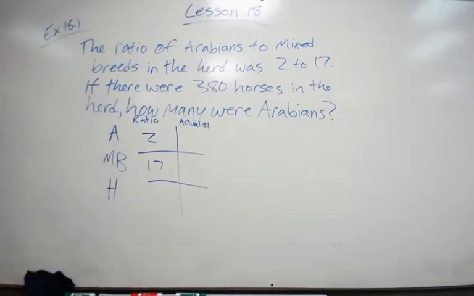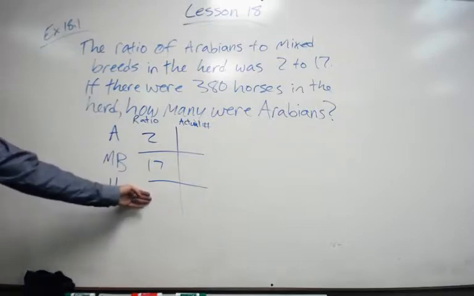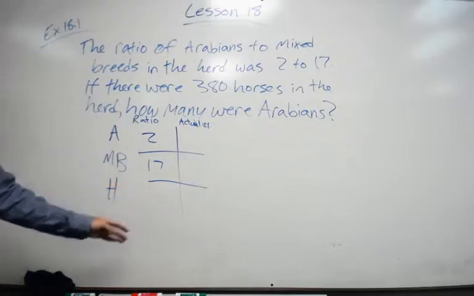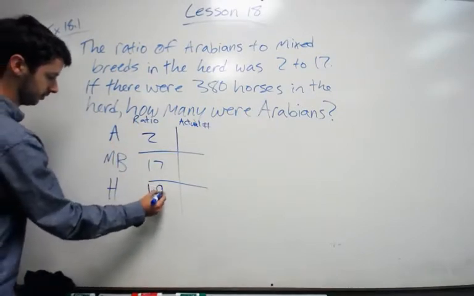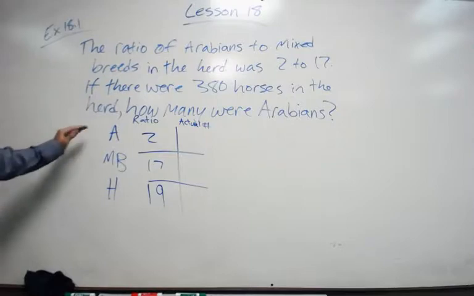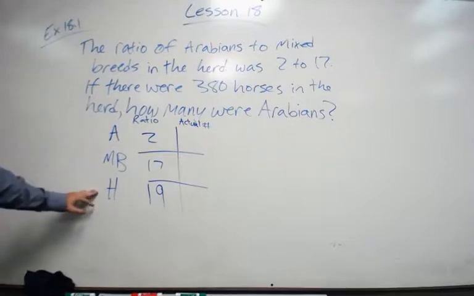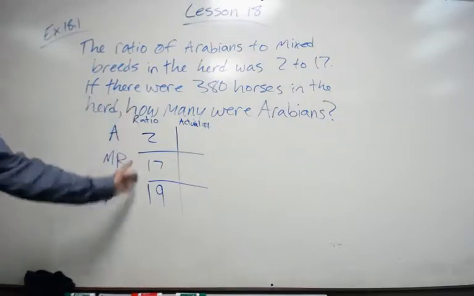So what does that tell us about how many horses there are? The horses, in the ratio column, you simply add the 2 and 17 to figure out the total. So the total number in the ratio would be 19. So the ratio of Arabians to horses would be 2 to 19, mixed breeds to horses, 17 to 19, and so on. But now we have our ratio column.